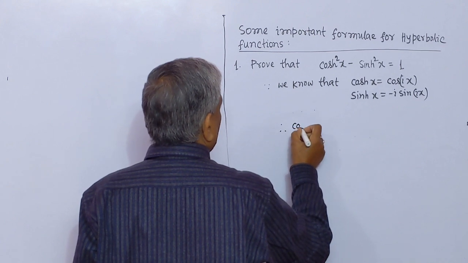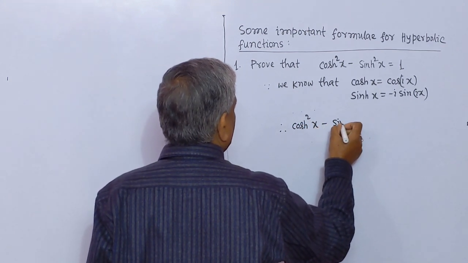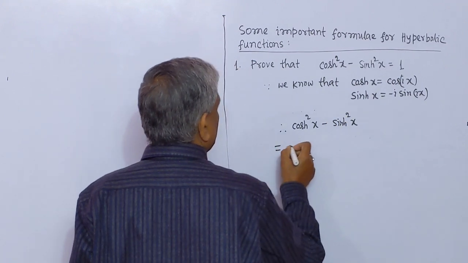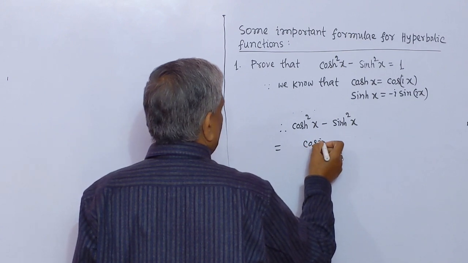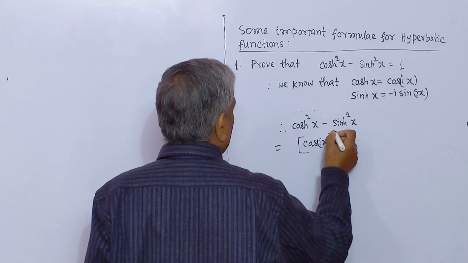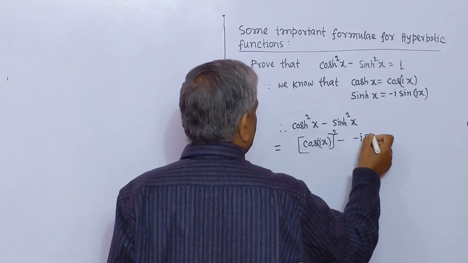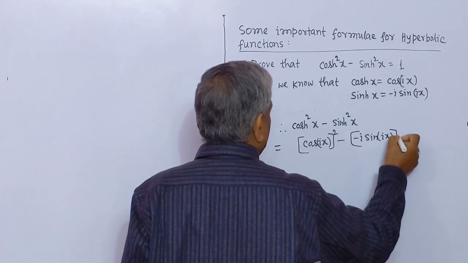Therefore, cosh square x minus sinh square x is equal to cos ix whole square minus i sin ix whole square.